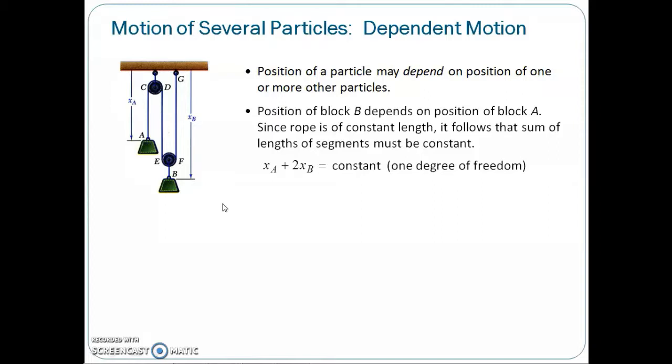From the relationship between the position coordinates xA and xB, it follows that if xA is given an increment delta xA, that is, if block A is lowered by an amount delta xA, going down delta xA, the coordinate xB will receive an increment delta xB equal to negative 1/2 delta xA. In other words, block B will rise by half the same amount. This can easily be checked directly from the figures.